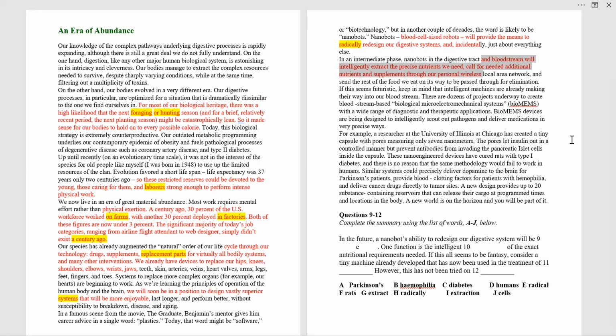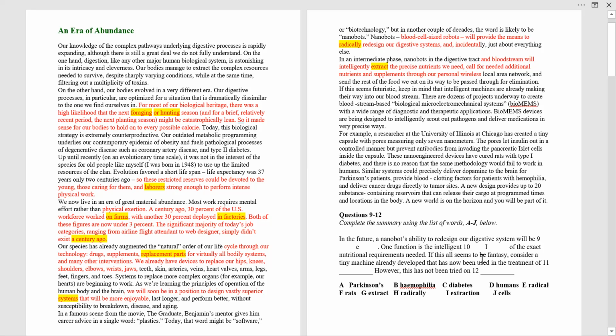So what I'll write here is: one function is the intelligent extraction of the exact nutritional requirement needed. So here my answer will be I. It obviously comes from this very word, but in the other form, just because the sentence structure is different here.